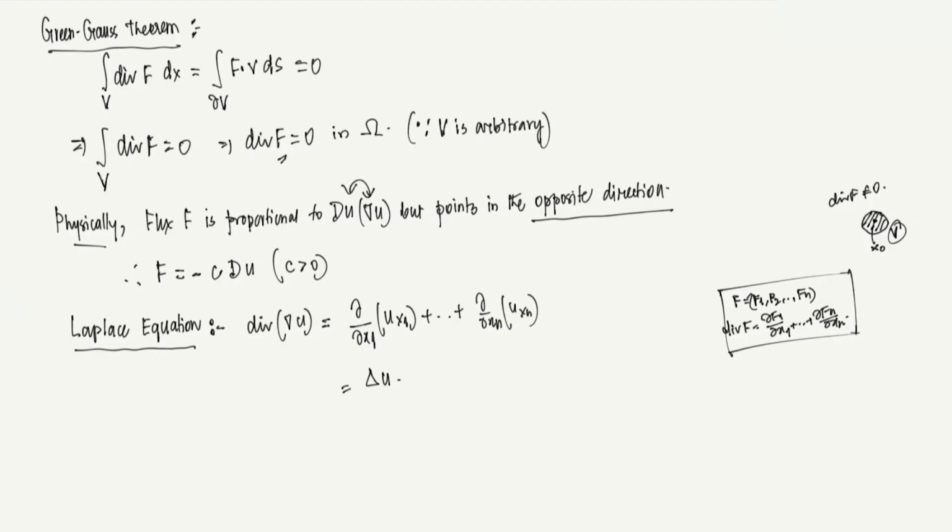So from here, the equation which you get is called Laplacian of U equals 0 in omega. That's your Laplace equation. Now, as I told you, there are many different things which these models can describe, and don't think it's just a chemical concentration.